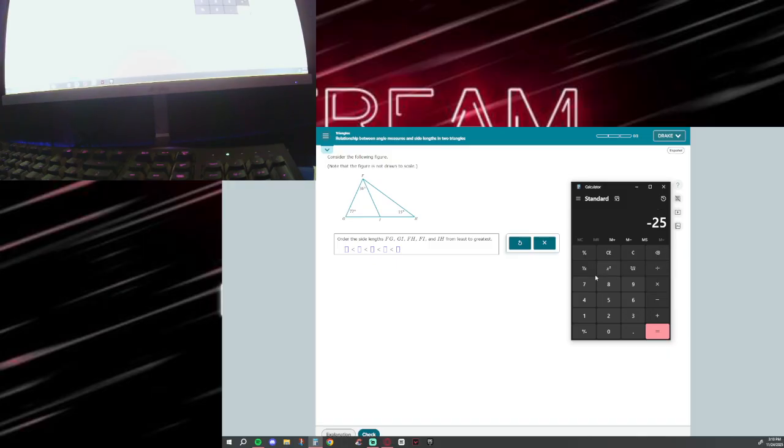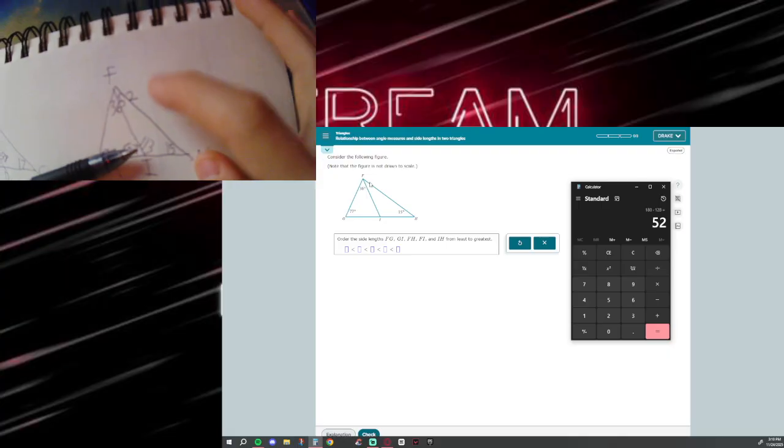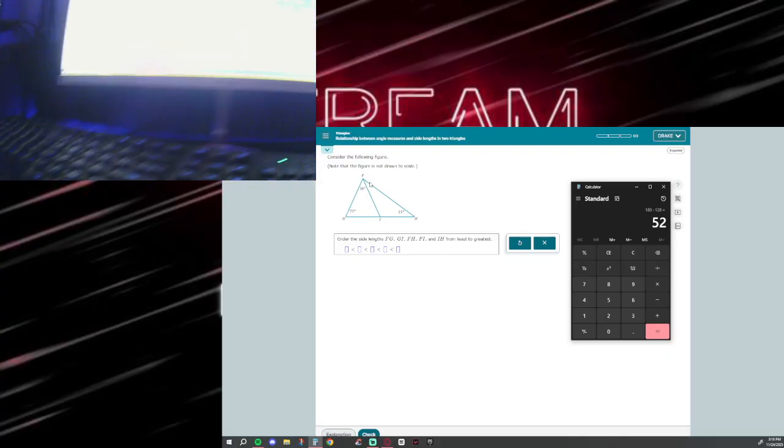Okay, so now we take 113, which is our I right there on the right, and we add our 15. We have 128, so now we take 180 minus 128. That gives us this angle, 52. So that gives us this top angle.